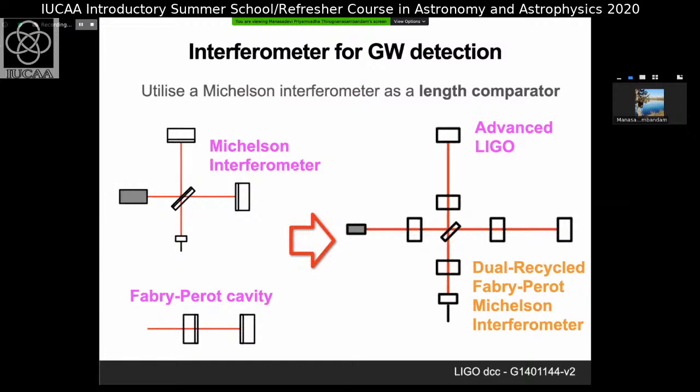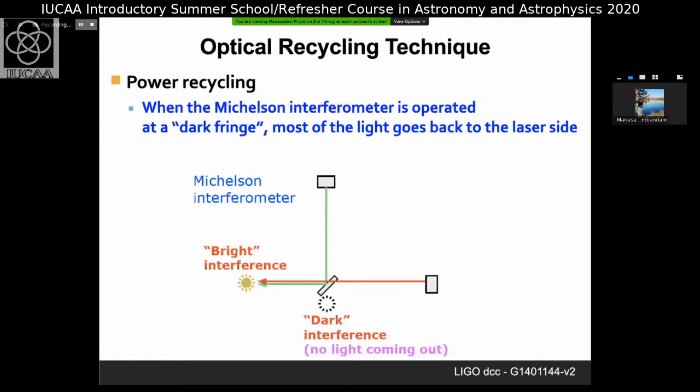So apart from the combination of Michelson and Fabry-Perot cavity, we have also introduced recycling cavities in order to do better in terms of sensitivity. The configuration that we use, we call the dual recycled Fabry-Perot Michelson interferometer. So you have two recycling cavities that can do a better job in being sensitive to gravitational waves.